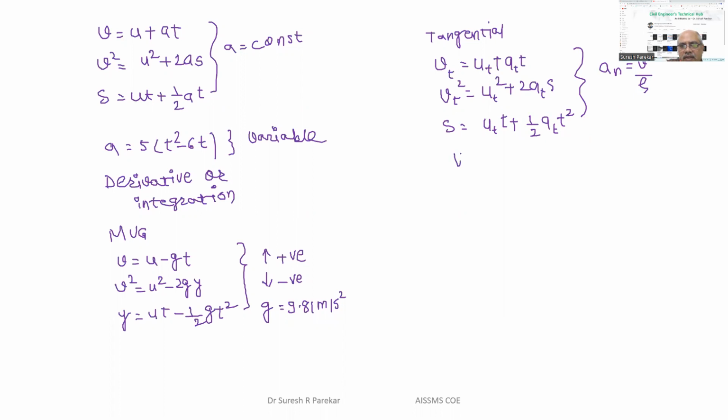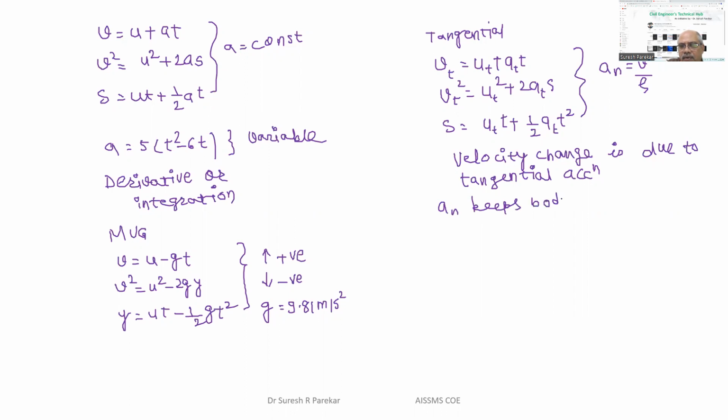So velocity change is due to tangential acceleration only. And An keeps body along curve. And this is also known as centripetal acceleration.